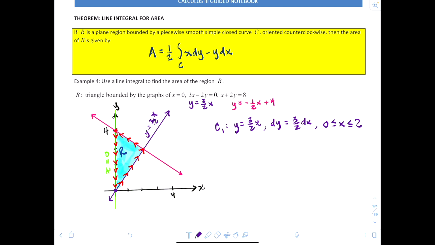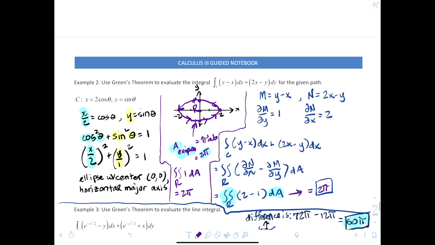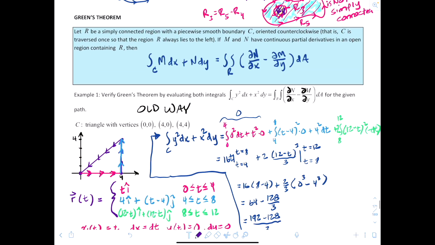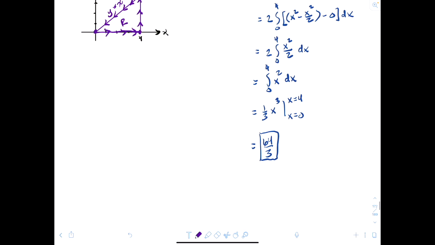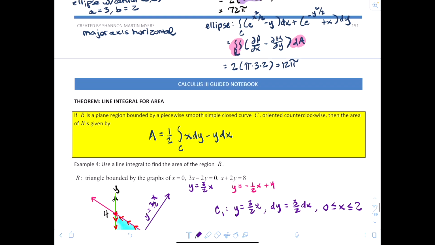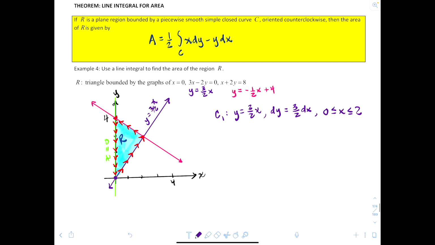This might be reminiscent of what we did before, the old way and the new way, remember? But the difference is we're not parameterizing. We're not getting a vector valued function. We're keeping it in terms of x and y. So notice that our interval is not along some parameter, and this is what's so magical and different about it.